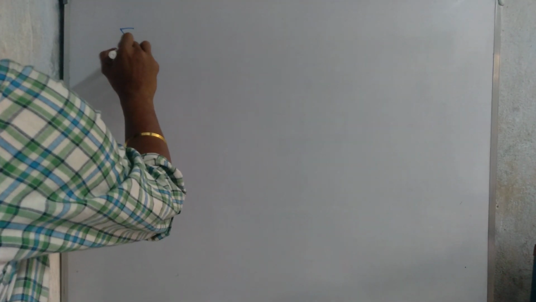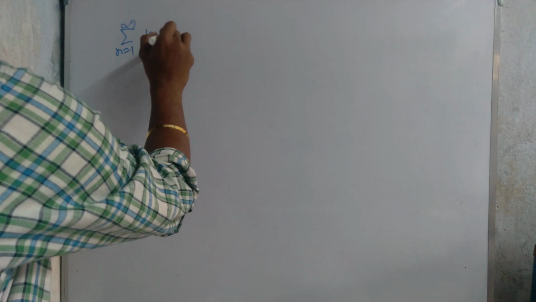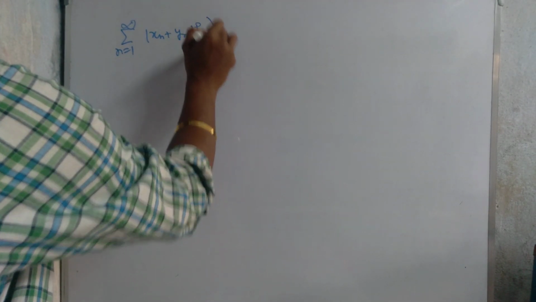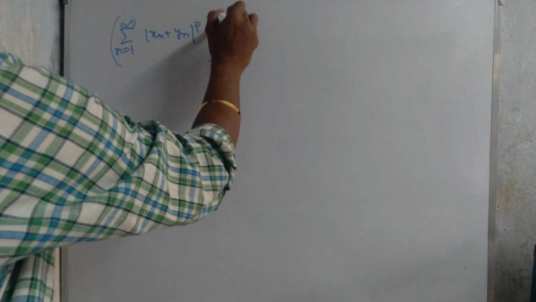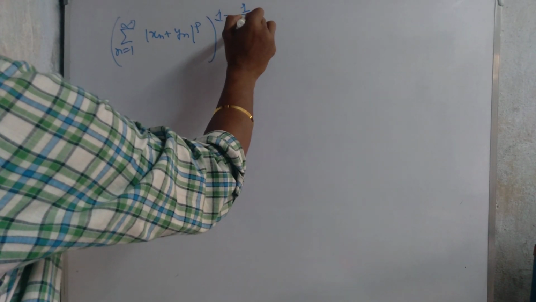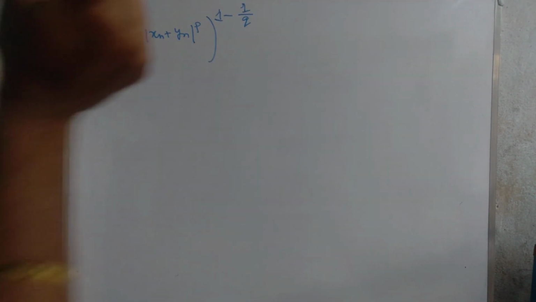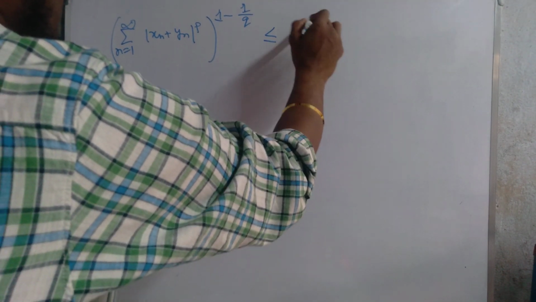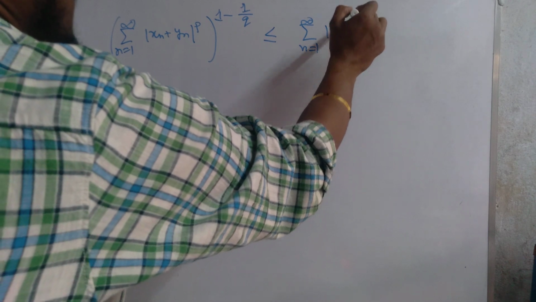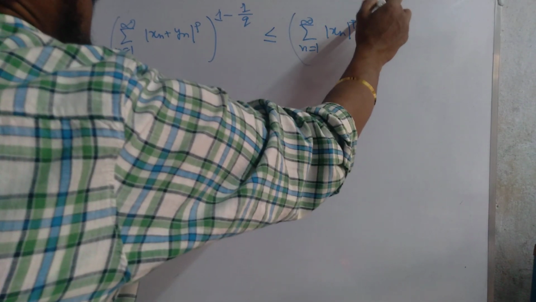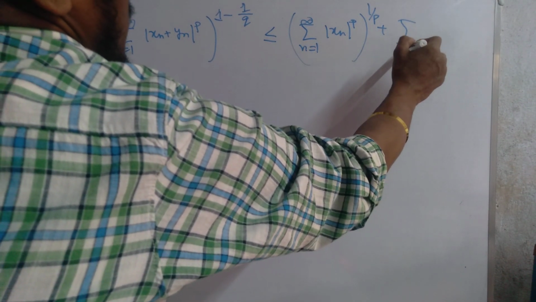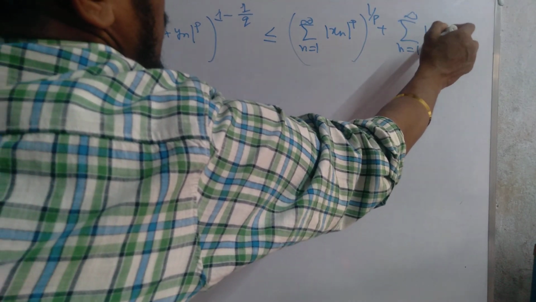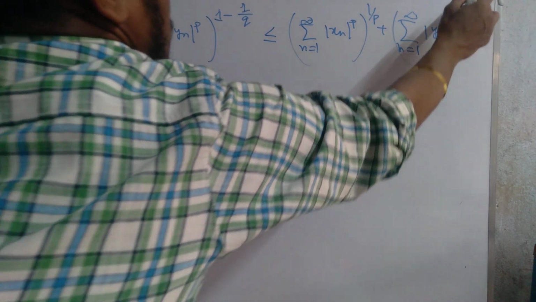We go further: the sum over n equal to 1 to infinity of |xn plus yn| to the power p, whole to the power 1 minus 1 by q, is less than or equal to the sum of |xn| to the power p, whole to the power 1 by p, plus the sum of |yn| to the power p, whole to the power 1 by p. The left side equals the sum of |xn plus yn| to the power p, whole to the power 1 by p.